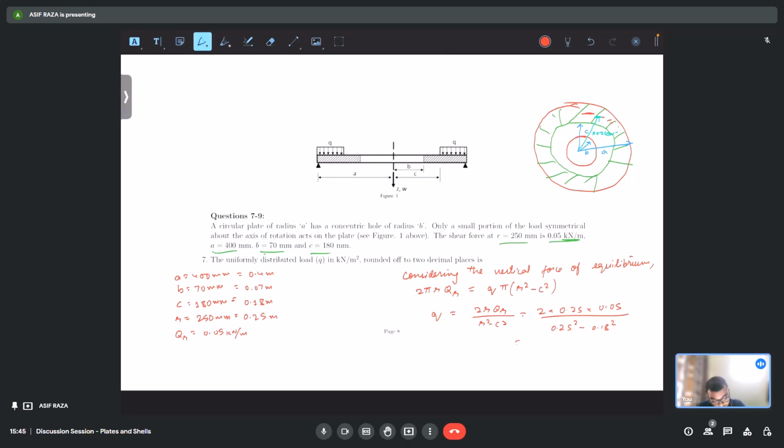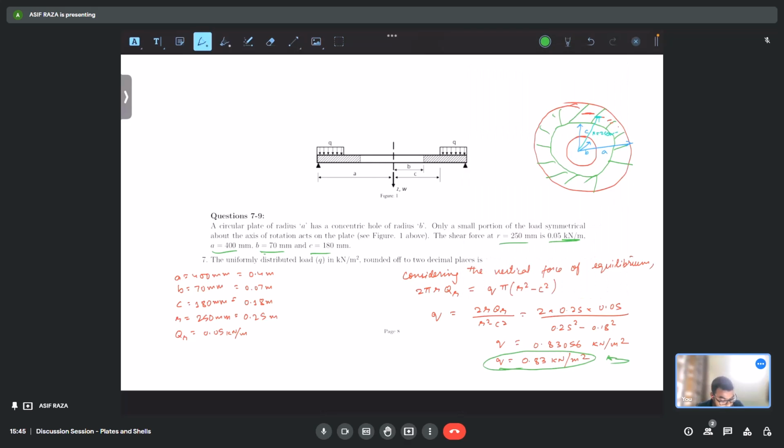So this is equal to 0.83056 kilonewton per meter square. We have to round it to 2 decimal places, so it is equal to 0.83 kilonewton per meter square.